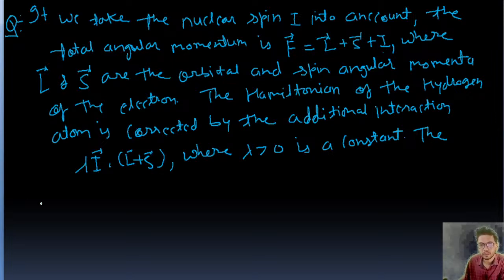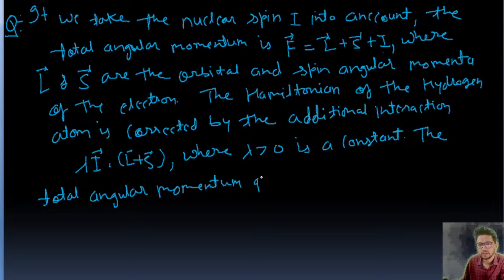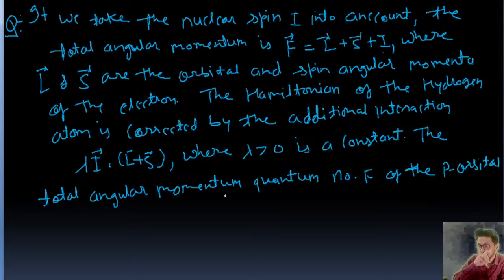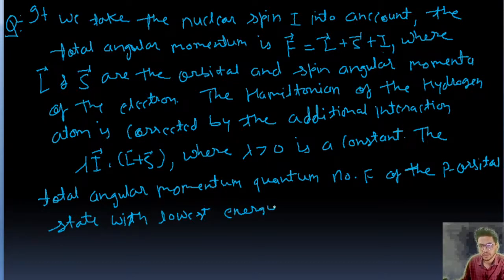The total angular momentum quantum number F of the p orbital state with lowest energy is.